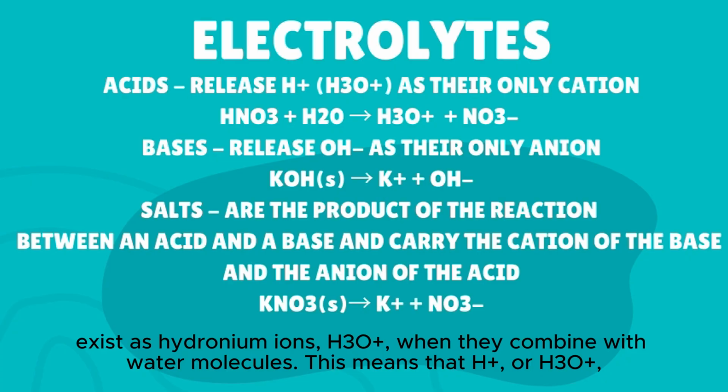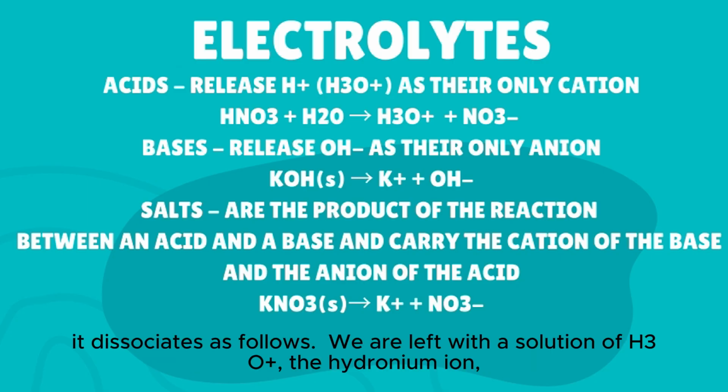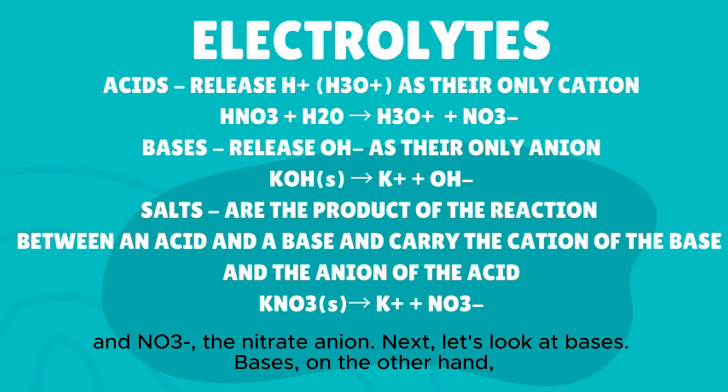This means that H+ or H3O+ is the only type of cation they produce in solution. For example, when nitric acid is added to water, it dissociates as follows. We are left with a solution of H3O+ ions, the hydronium ion, and NO3-, the nitrate anion.